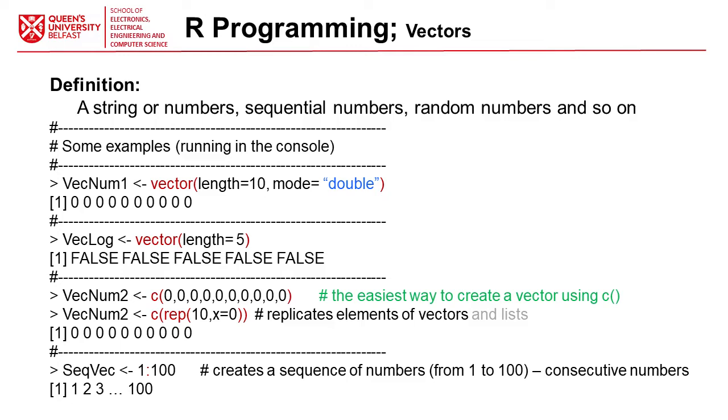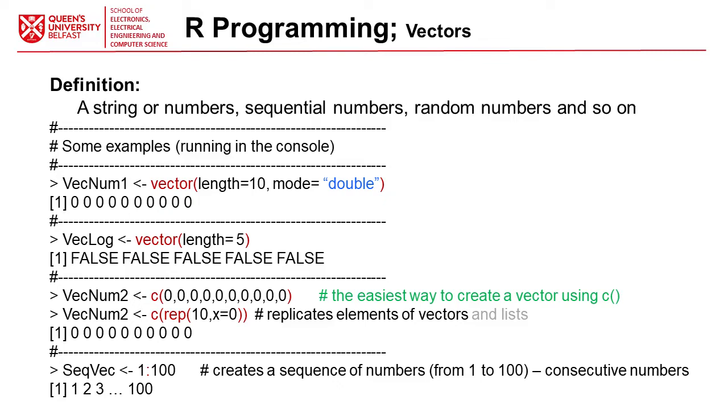If you use it without the mode parameter, it provides you a logical vector, with the initial value of FALSE. The easiest way for creating a vector, as you can see, is using the c command, which is combine, instead of using this line, okay?